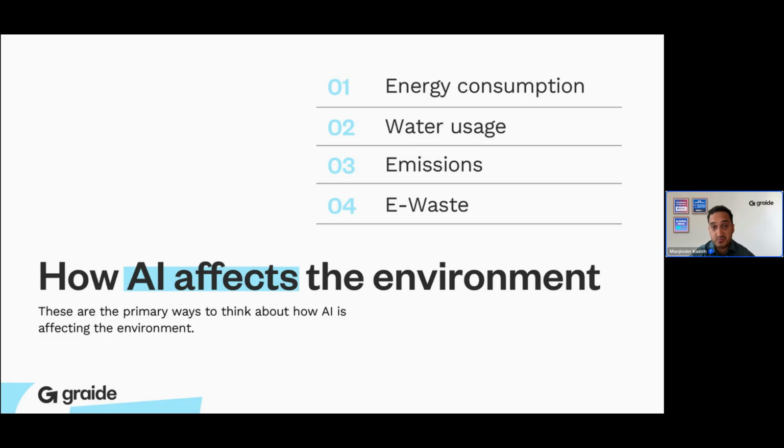Now, the easiest way to think about this, in my opinion, is correlating the consumption of computational power to effectively all of these systems. E-waste is probably one that might have to be considered differently. So how do we do this? Well, to train and deploy a large model often requires a significant amount of computational power.